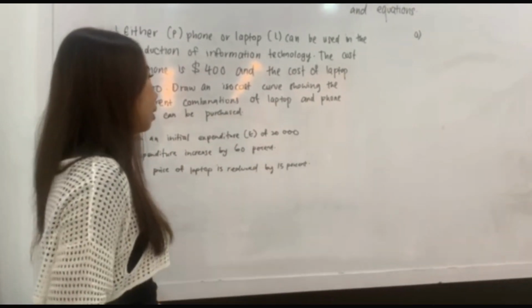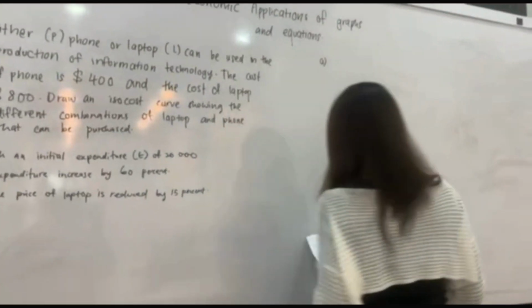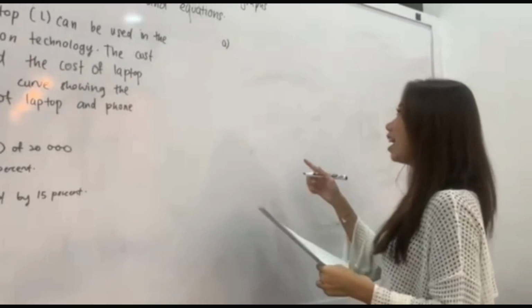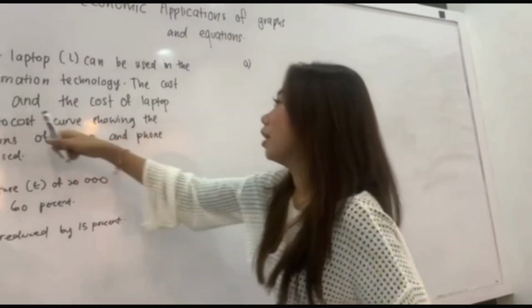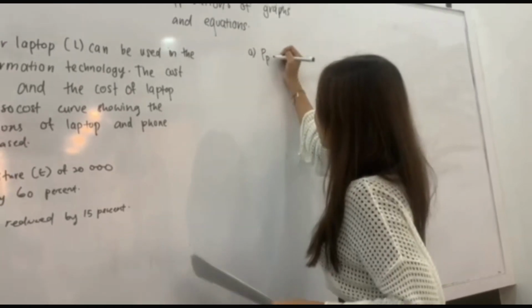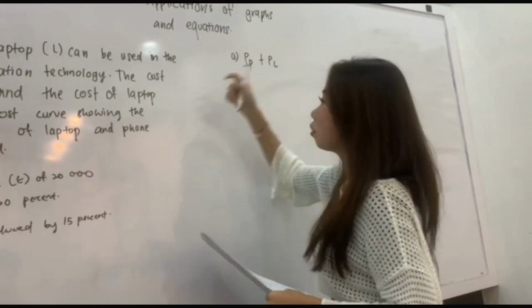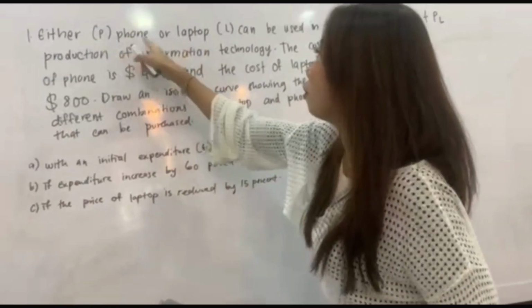So I already counted and did it here. For A, we need to put the formula first. So the formula is PP and PL, based on the phone and laptop.